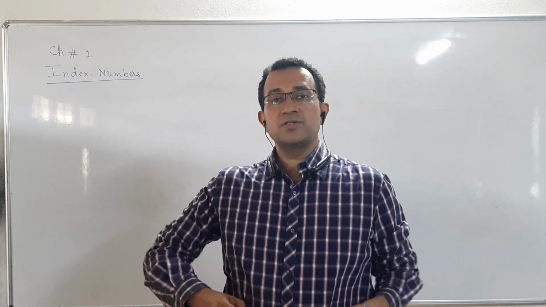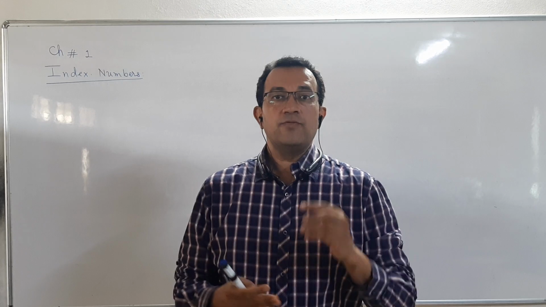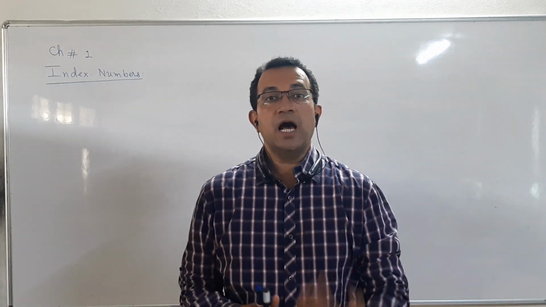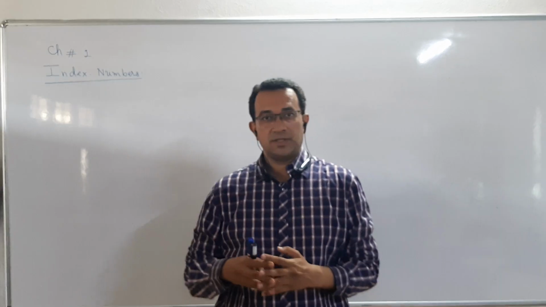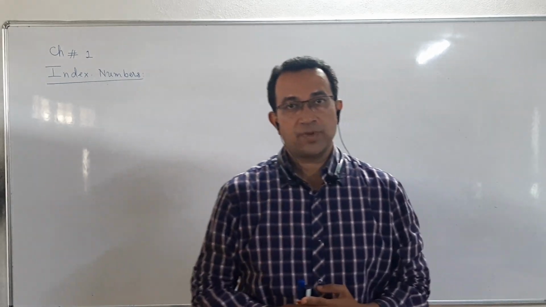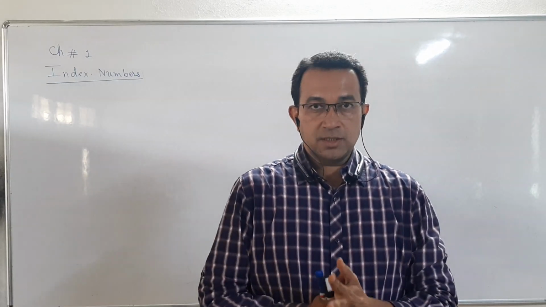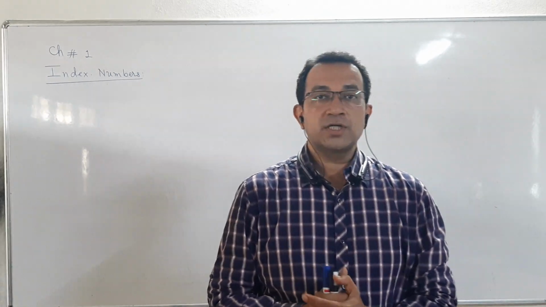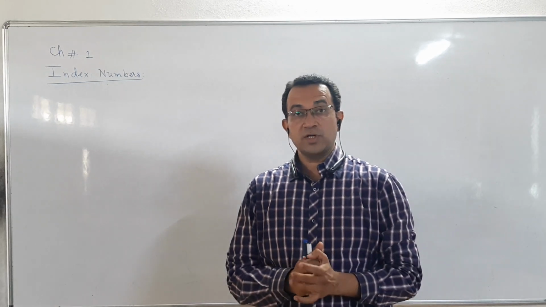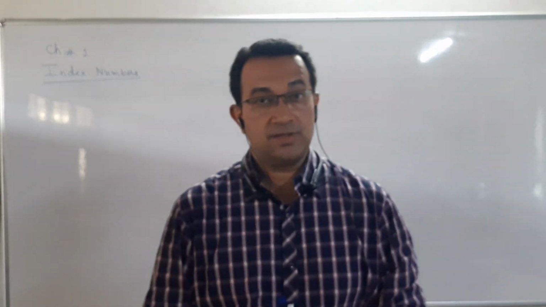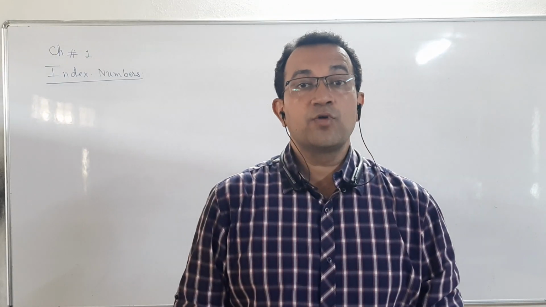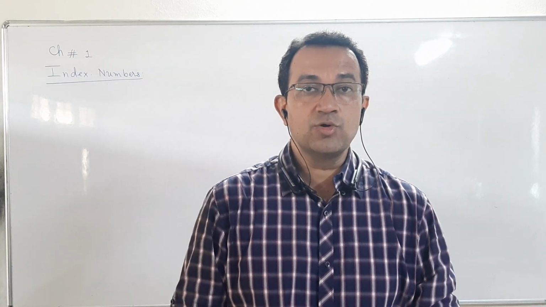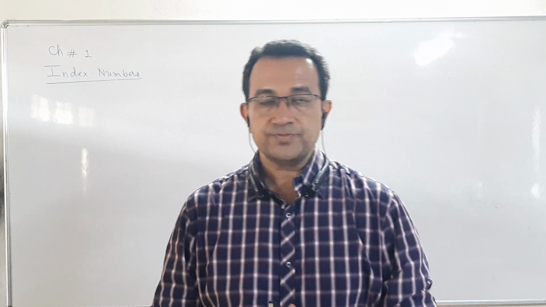This is a very interesting, very easy chapter, and as such, the last formal chapter of part 1. Part 1 on an average has a weightage of 46 to 48 marks. So, only 4 chapters and almost 50% weightage goes to these chapters.